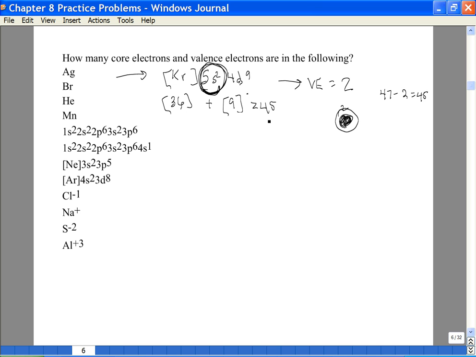So let's look at one of each of the other types. For this one, it's pretty easy to identify valence electrons because the highest shell occupied is 4. So there's one valence electron here.